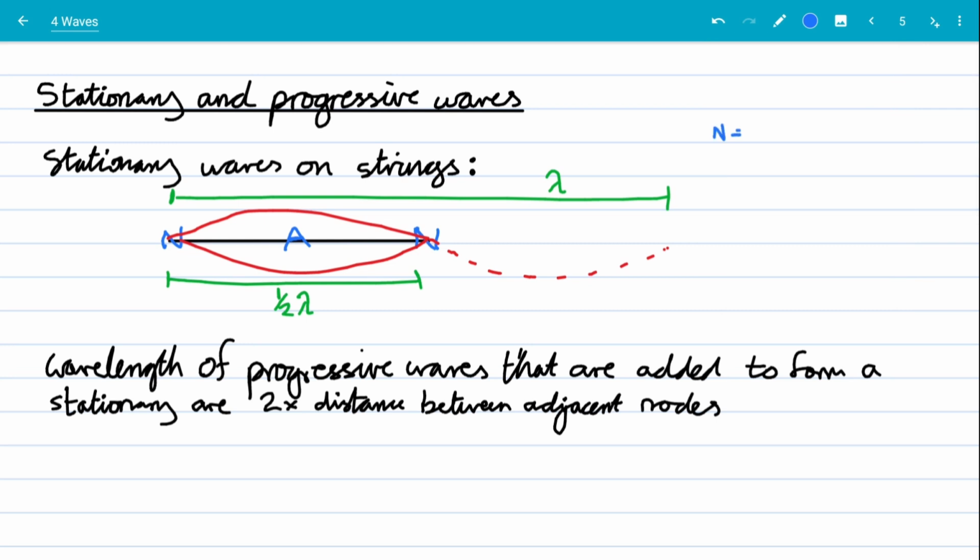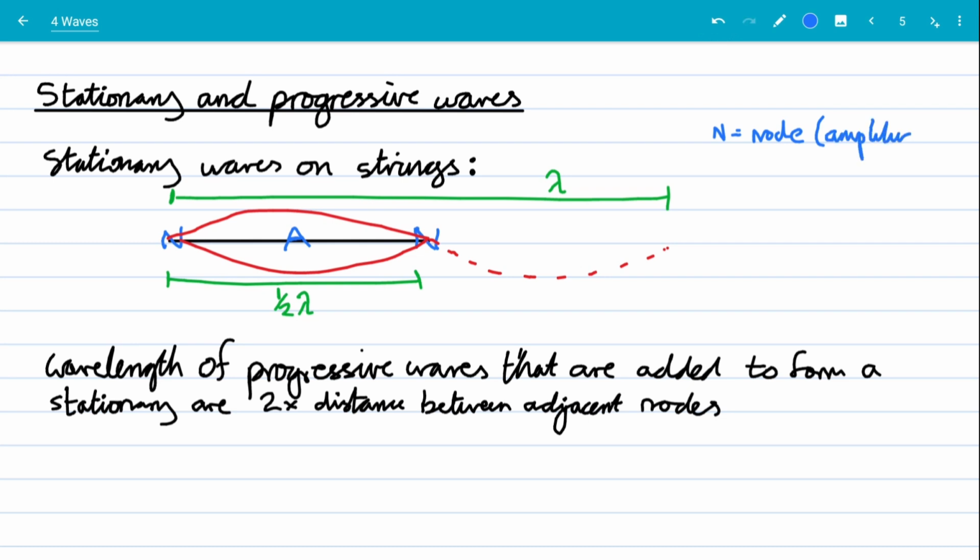So N equals node, and in brackets, amplitude. And this is the amplitude of the stationary wave, not the amplitude of the progressive waves.